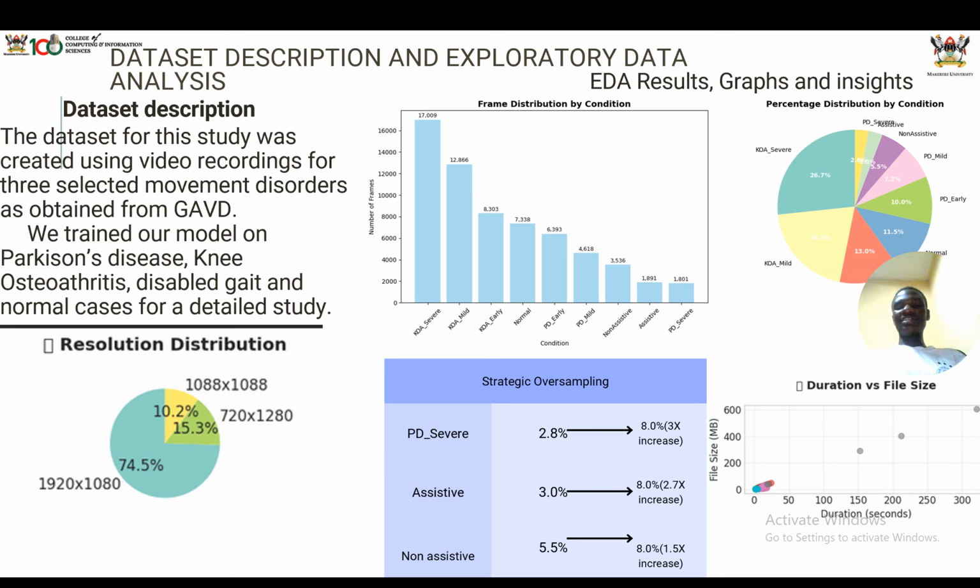This was done by increasing the likelihood of occurrence of underrepresented classes like the Parkinson's disease, severe, the assistive, and the non-assistive, then lowering the probability of highly represented classes. The duration was almost the same, just as illustrated here per video, for all videos in the different files.